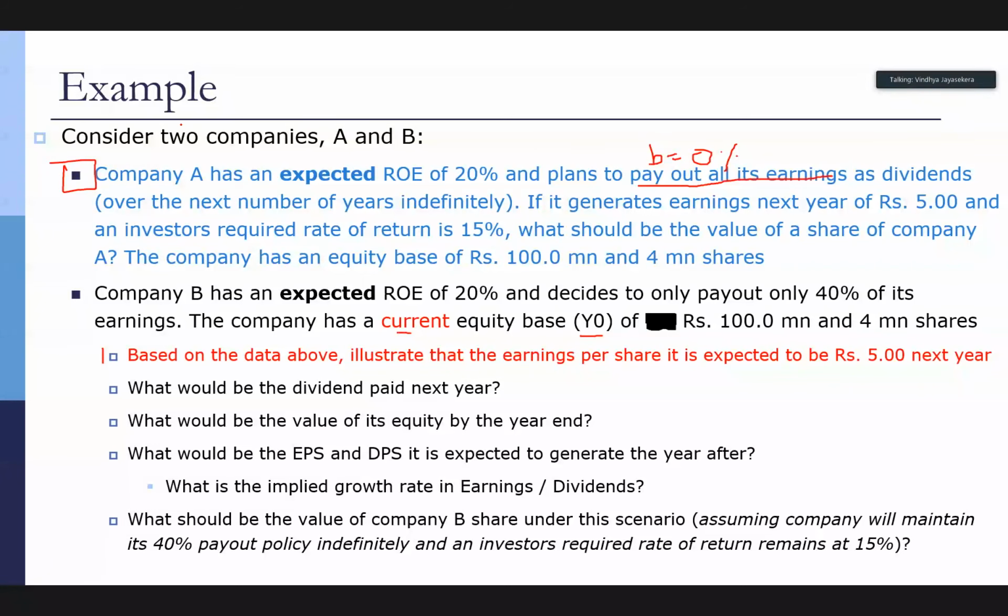Right? So that means your growth is ROE into B, right? ROE into B is 20% into zero. So your growth rate is zero.